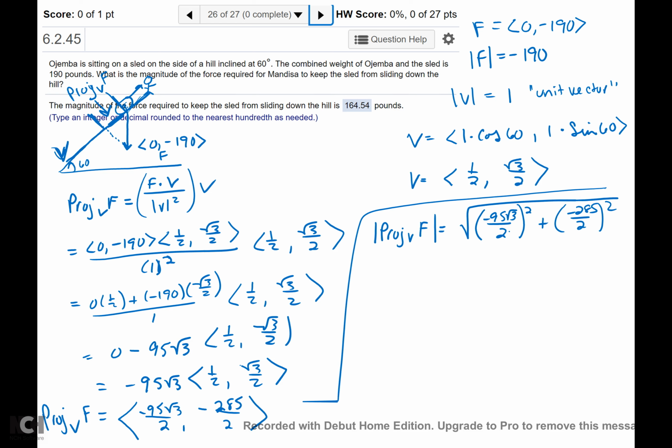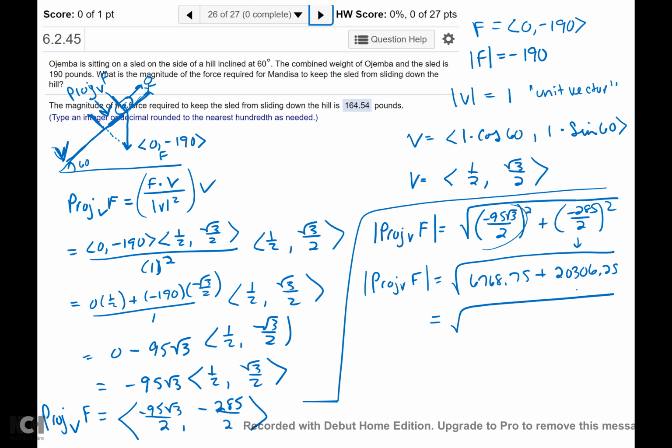If I do that, I went decimal on these because my answer was in a decimal, so I just did one at a time. That was 6768.75, and this one was 20306.25, which gives me a square root of 27075, which gives me 164.54 pounds.